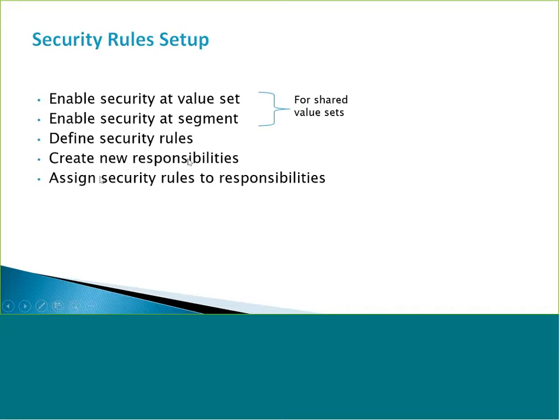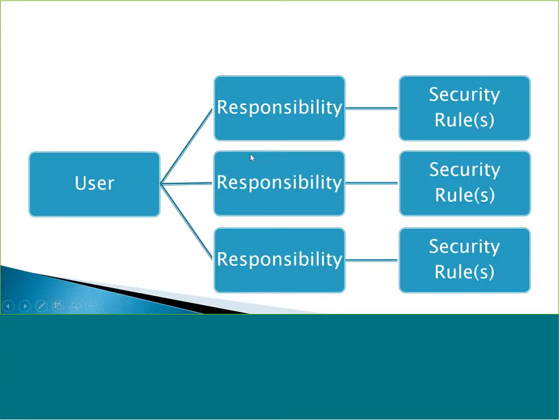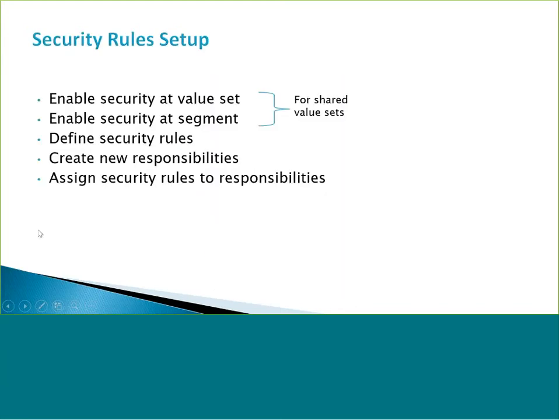And then, just like the data access set, for security rules to work, we need to assign them to responsibilities. So we are going to create new responsibilities, and then assign the security rules that we create to those responsibilities, and then of course we assign the responsibility to a user.